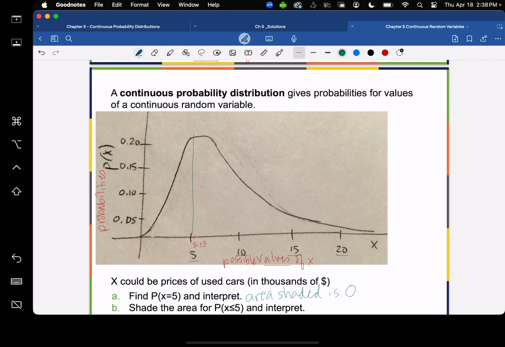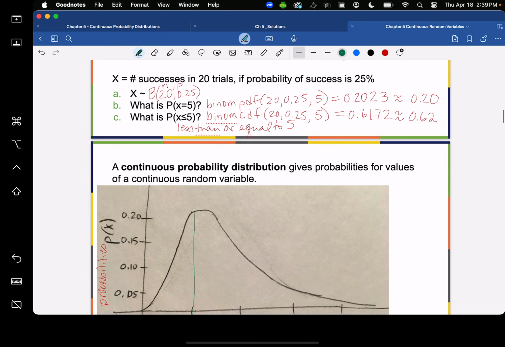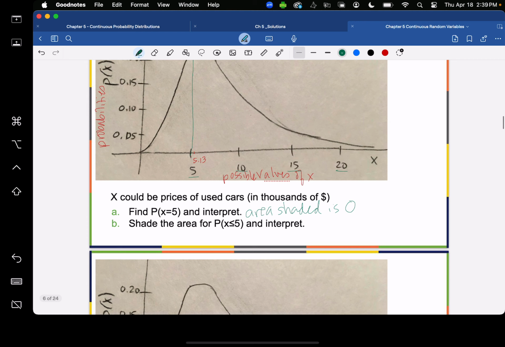Next, let's shade the area for the probability that the car value is less than or equal to 5. And again, I'll just write that down because I know that some of you forget which way the inequalities go. X is less than or equal to 5.